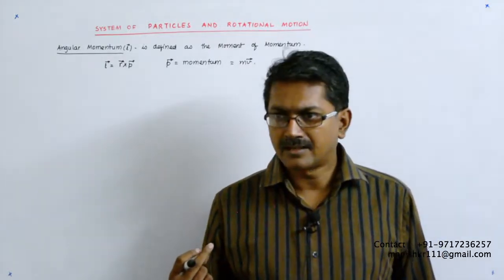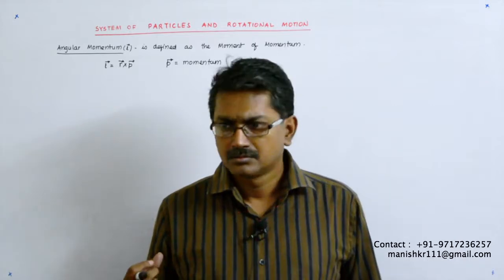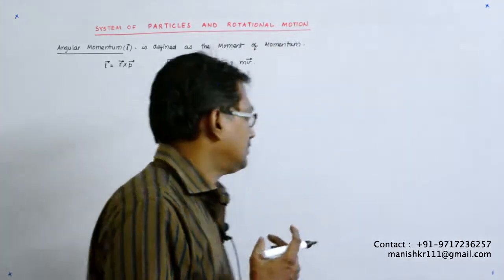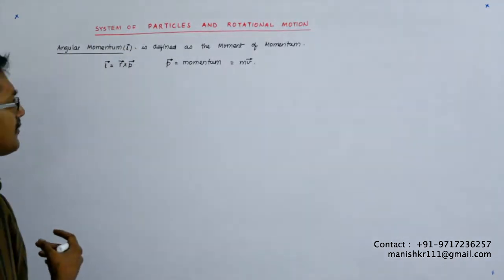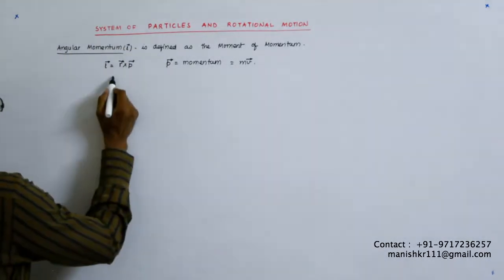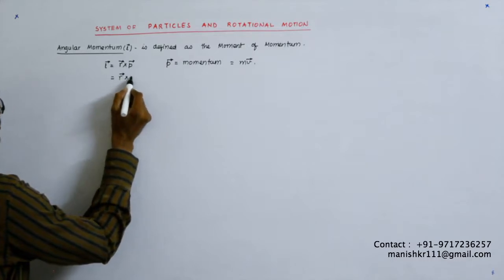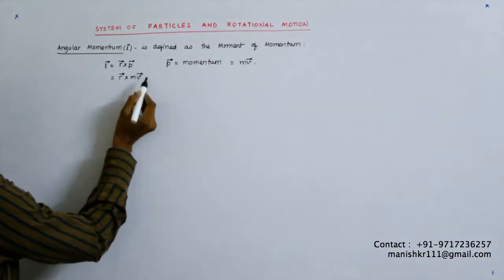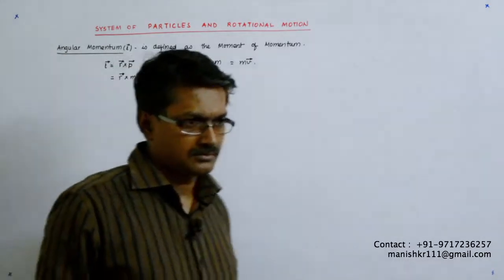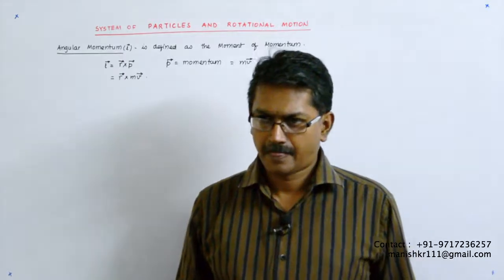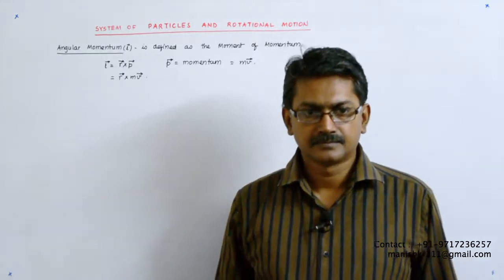So that is omega cross r. It's that velocity we are talking about. Now, so L becomes r cross mv.